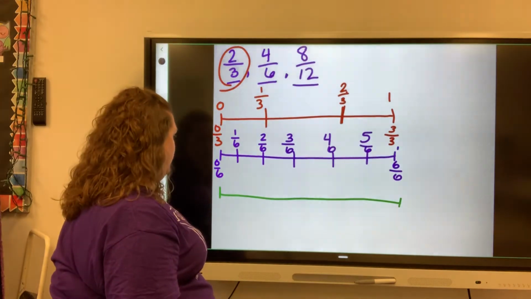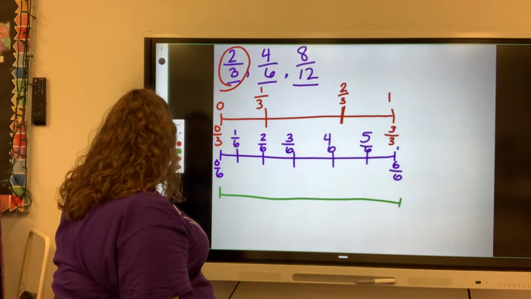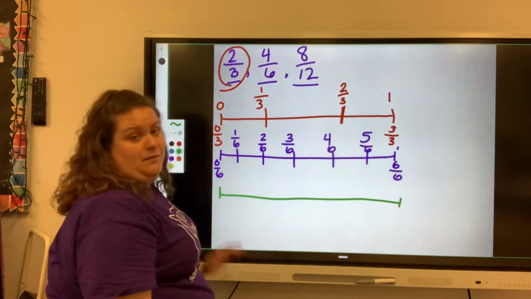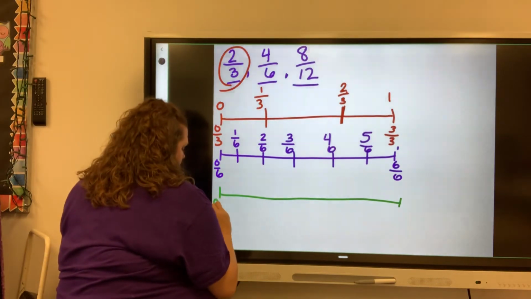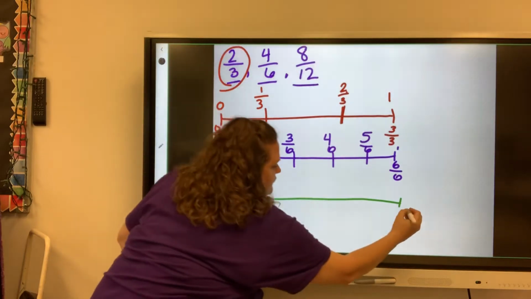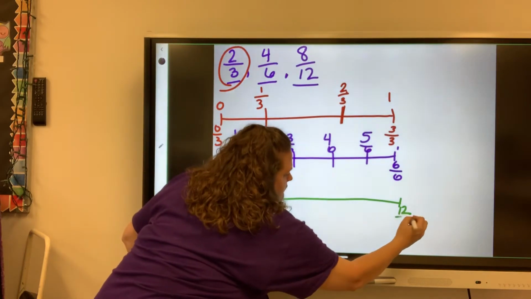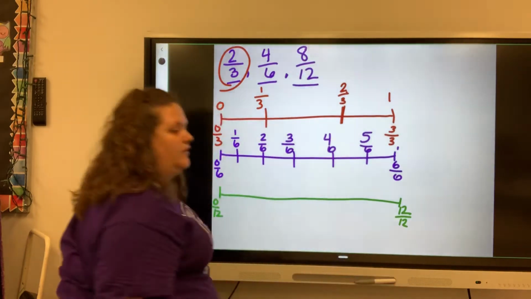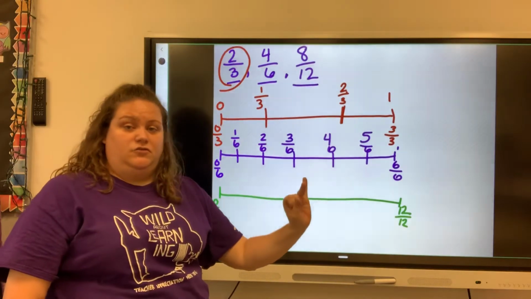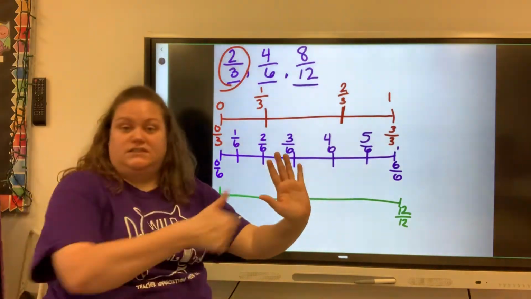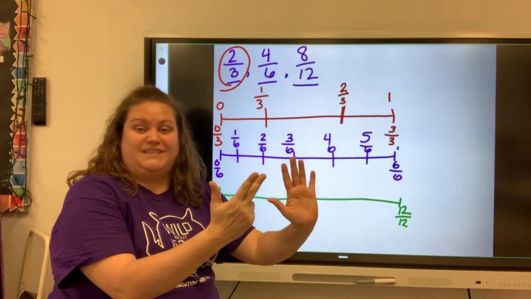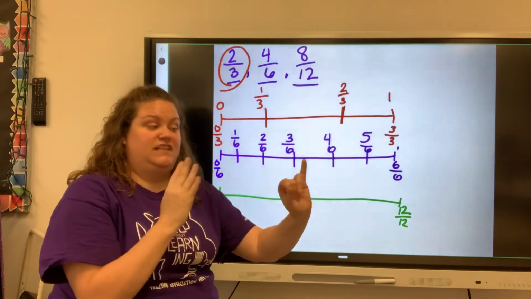We'll figure it out. And then the last one is going to be my 12ths. This is probably going to be my most challenging one to break up. So I'm going to do 0/12 and 12/12. So I have to do 1/12, 2/12, 3/12, 4/12, 5/12, 6/12, 7/12, 8/12, 9/12, 10/12, 11/12.